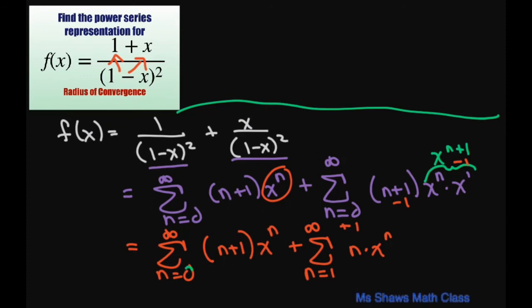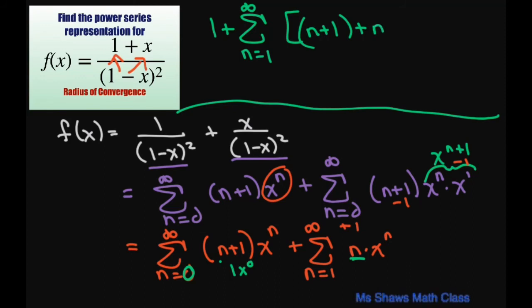What I'm going to do is substitute in 0 first. If I substitute in 0, I'm going to get 1 times x to the 0, and that's going to give me 1. And then I'm going to start with n equals 1 to infinity, and I will have n plus 1 plus this n times x to the power of n.